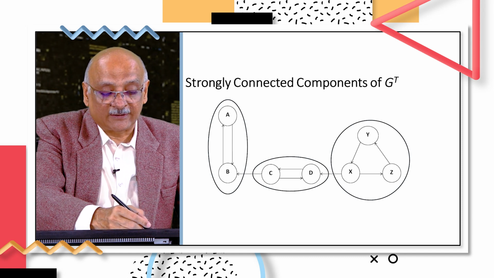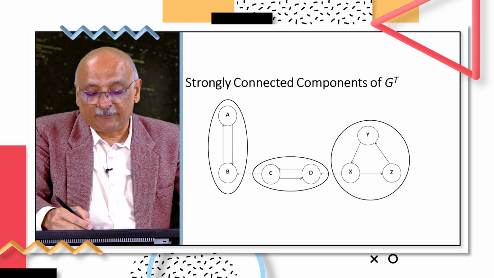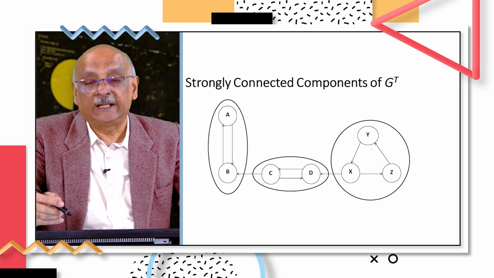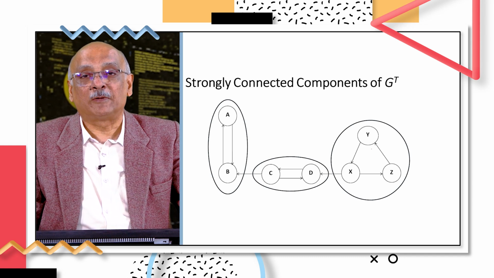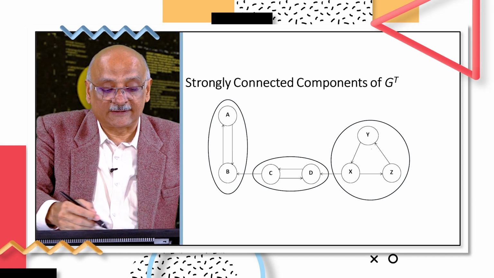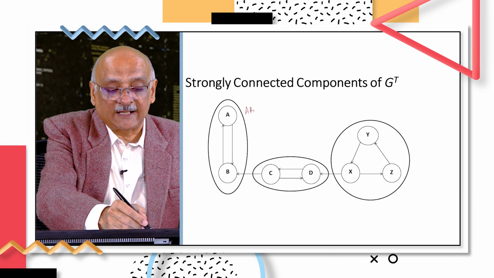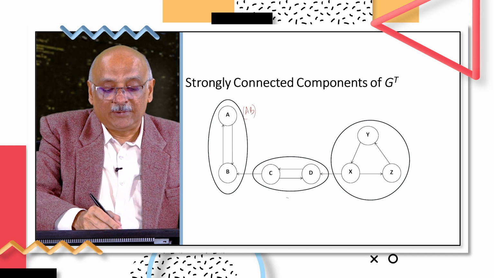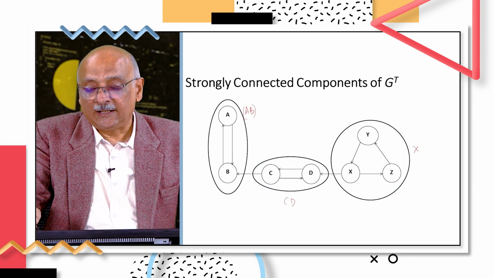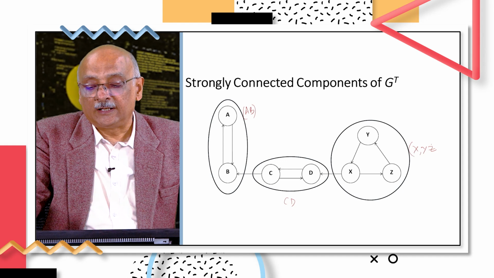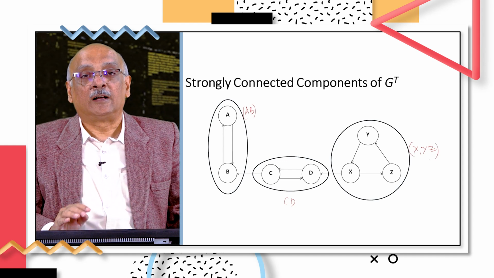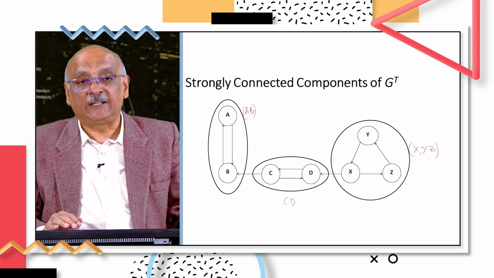This is a reverse link, this is also a reverse link. So all the way we have all the transposed links over here. So we got three components as we were discussing: AB, CD and XYZ in the depth first traversal of GT.